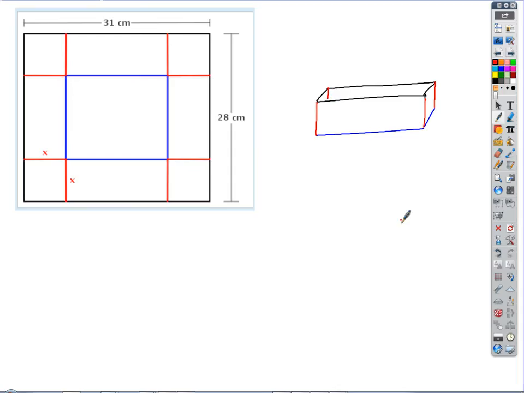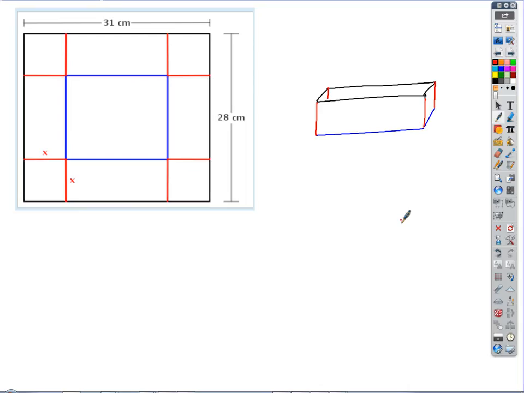Something like that? Everybody agree? Okay, that's when we make the red cuts, remove the corners and fold the flaps up. We'll just tape around the corners maybe, so it'll stay a box.